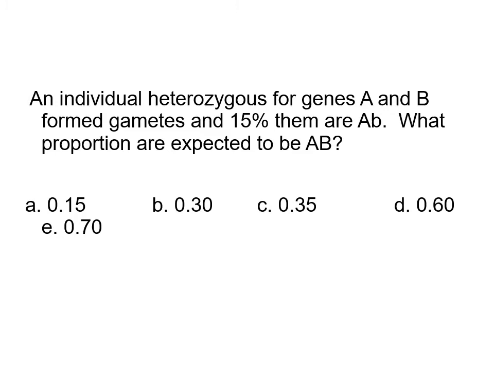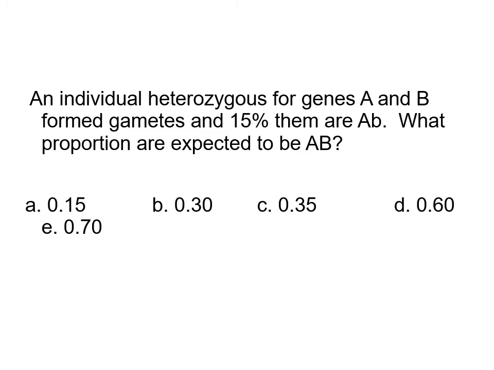We know already that 15% is big A, little b, so that means that another 15% are going to be little a, big B, like we saw a minute ago. So the sum of those two is 30%, or 0.3. So the rest of them are the parentals, and so we need to subtract from 1 to get the total of the parentals. So 1 minus 0.3 equals 0.7.